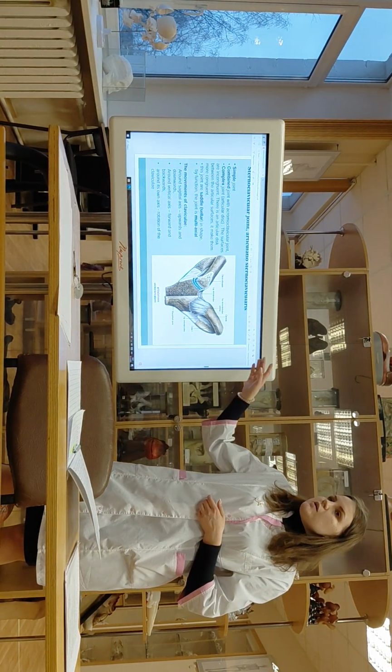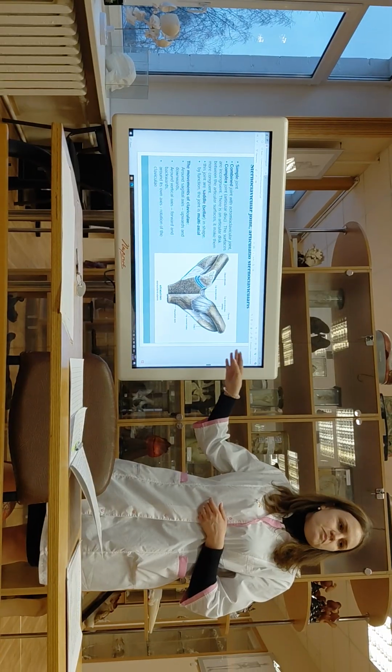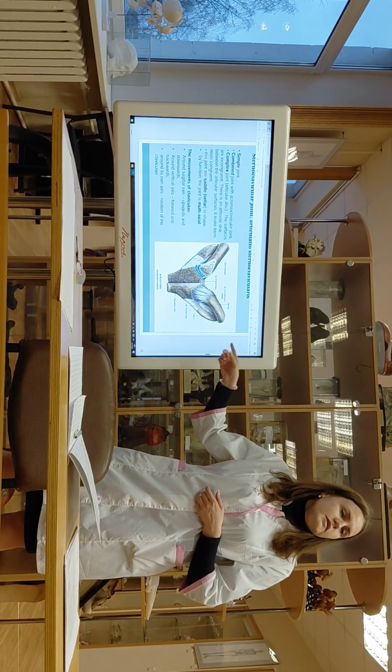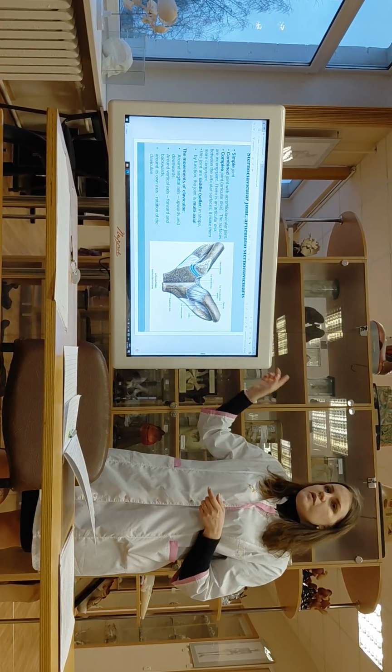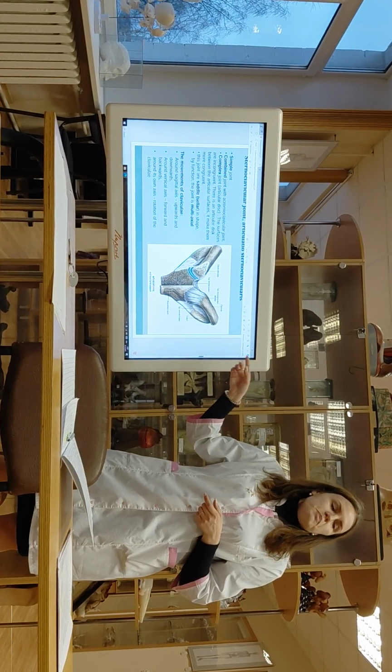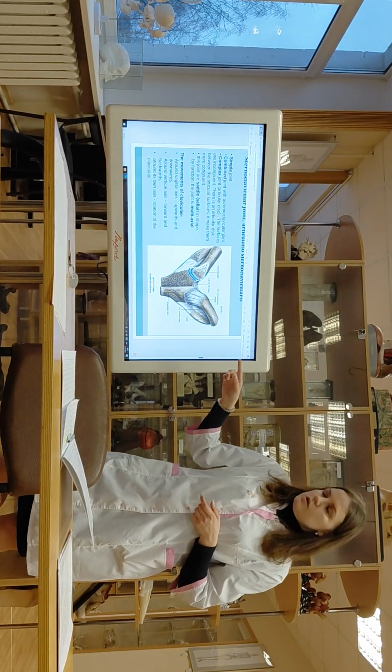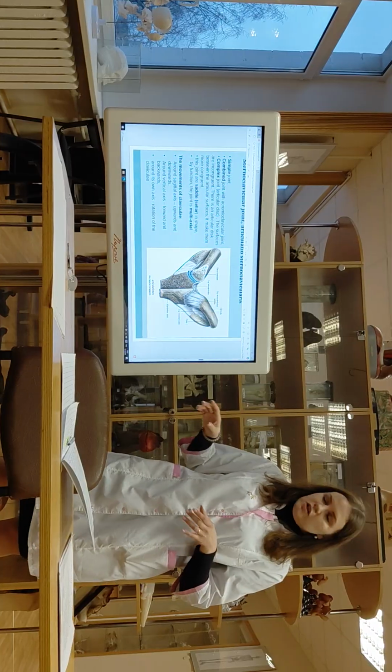These ligaments support the joint and limit the mobility of the joint. Ligaments we teach too in the Moodle. You have a presentation and PDF document. In this PDF document, additional information is located.